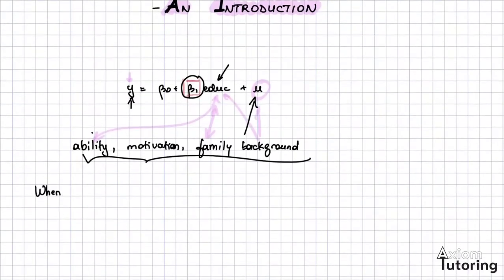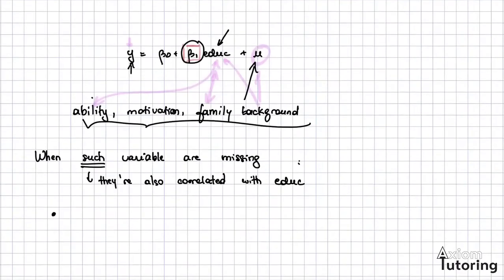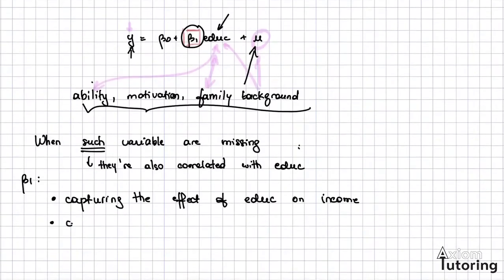So when such variables are missing, and when I say such variables, I mean variables that are also correlated with education, what's happening here is, one, beta 1 is capturing the effect of education on income, and at the same time, it's also capturing the effect of ability on income.